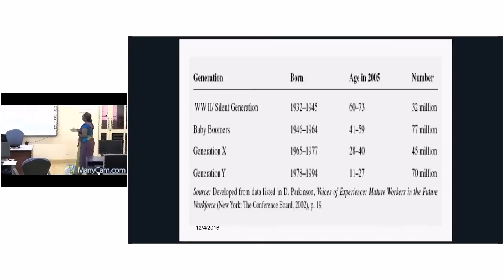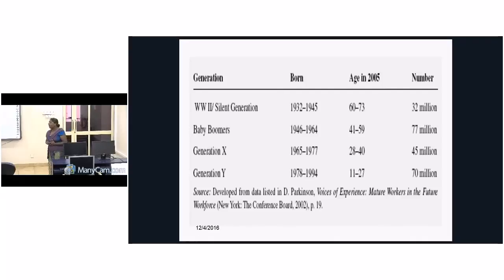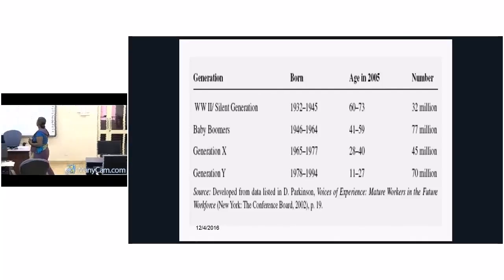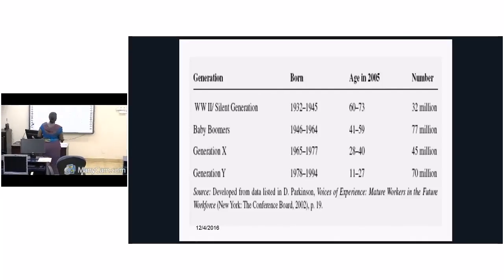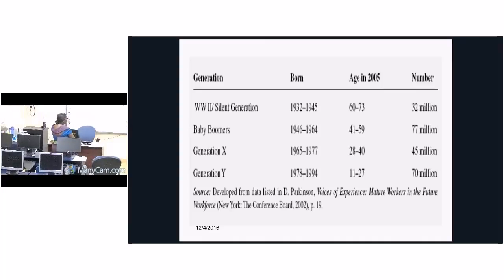These are the different names we call these different generations. The generation who were born between 1932 to 1945, during this period, are called the silent generation.